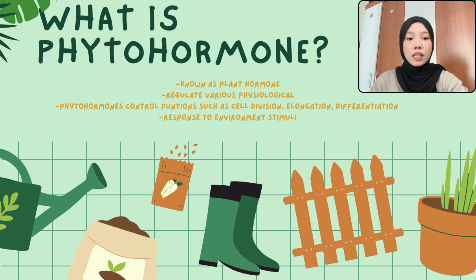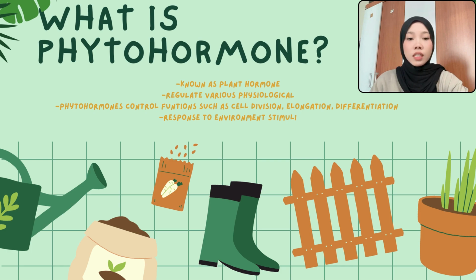These include cell division, cell elongation, and cell differentiation, which are all essential steps in the formation of roots, stems, and leaves. Besides growth, phytohormones also help plants respond to their surroundings.